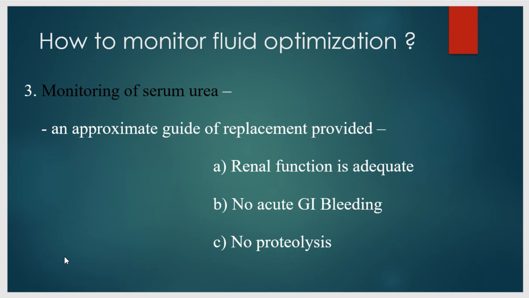The patient should not be a post-traumatic case, or have any history of recent severe road traffic accident leading to myoglobinuria and all these things. So no proteolysis should be there, right?